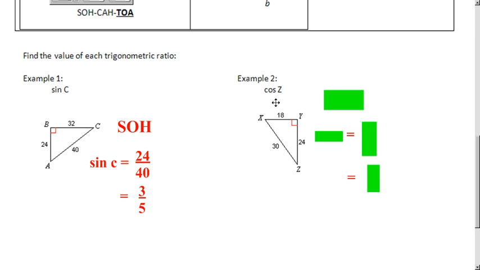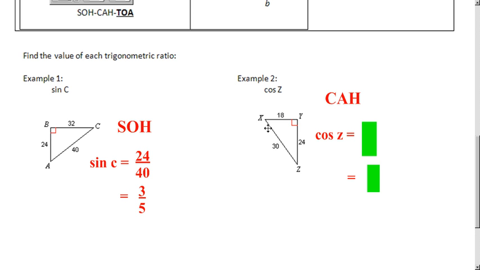Example 2 is cosine Z. Cosine, mentioned above, is CAH. So C representing cosine. I'm going to start with my angle, the cosine of Z. So I'd start down in this corner. A represents adjacent. Adjacent is neighboring. Now, if you look at this, some people are like, well, I don't know if 30 is neighboring, or is 24 neighboring.